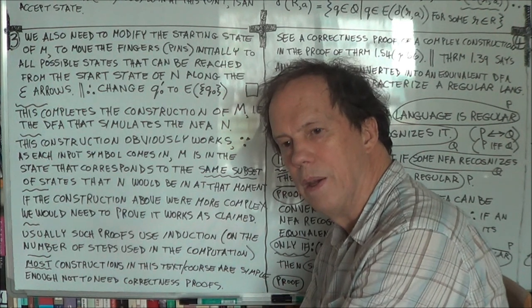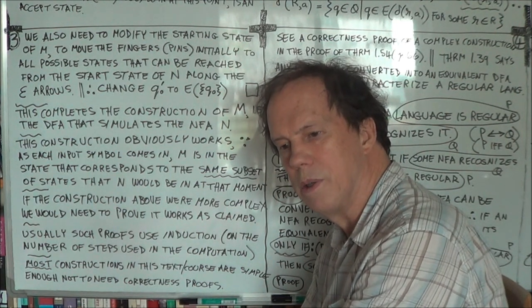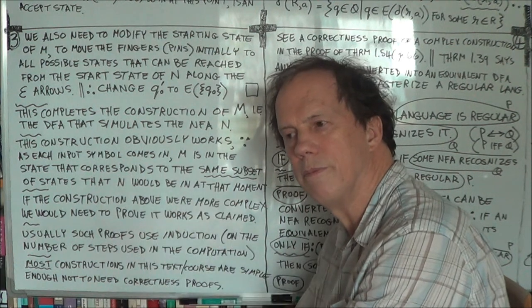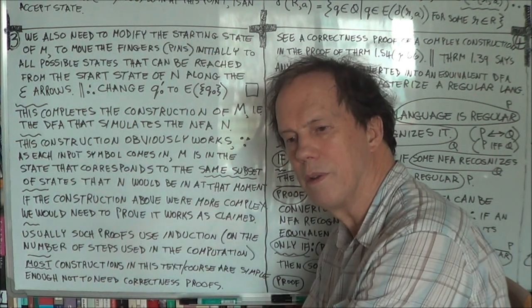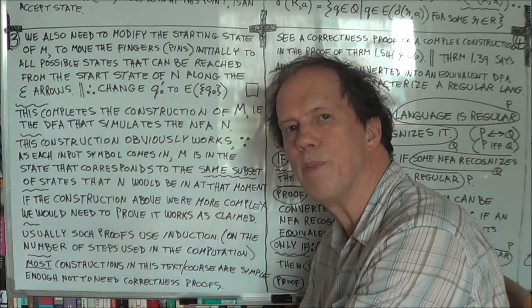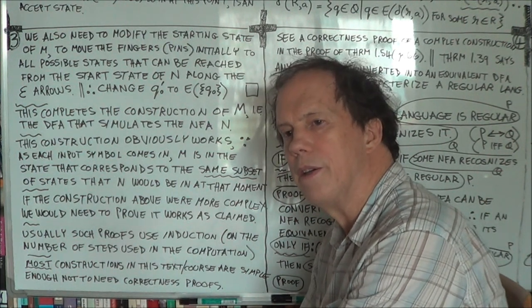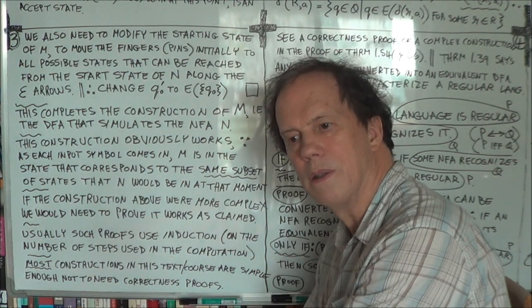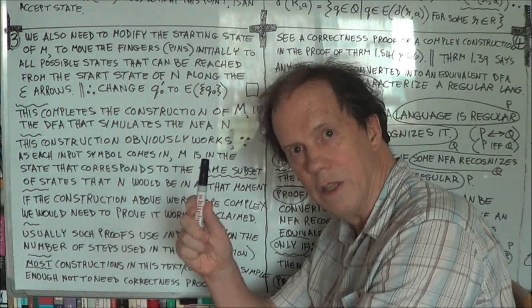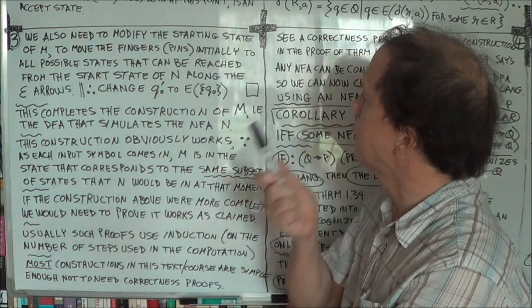Okay? In which case you need to, with your capital E function, add those states that the eta arrows point to. You need to add those states to your starting state for your DFA. Right?